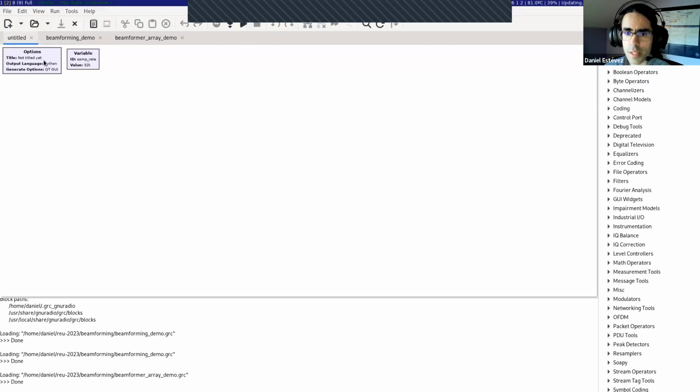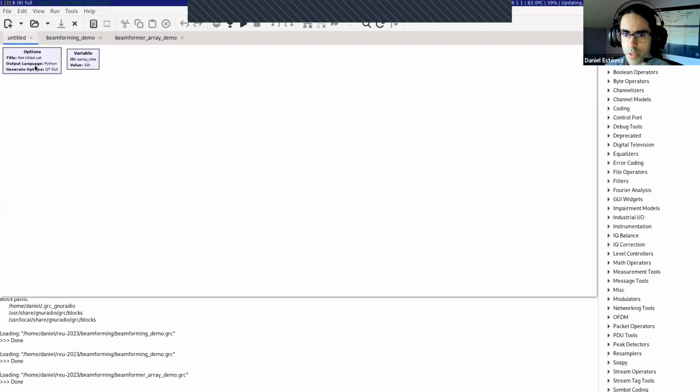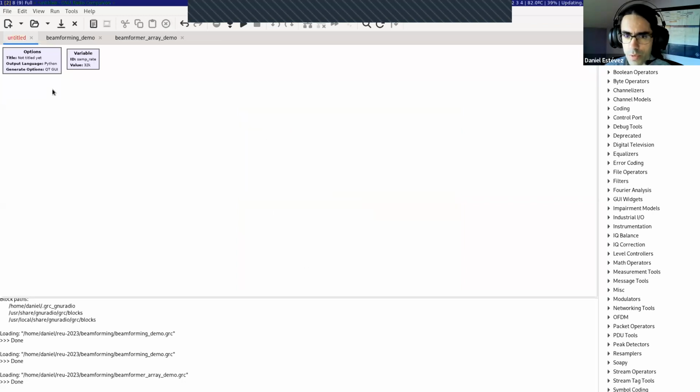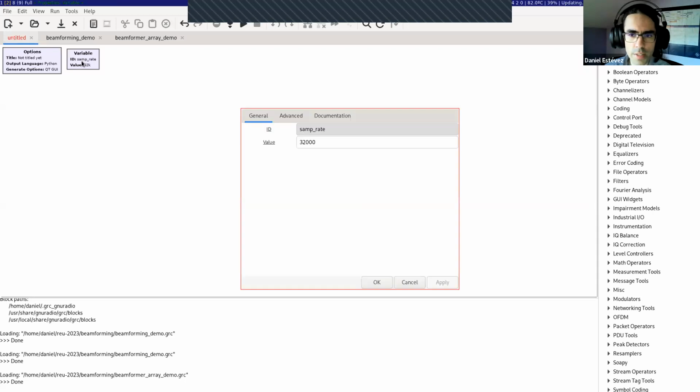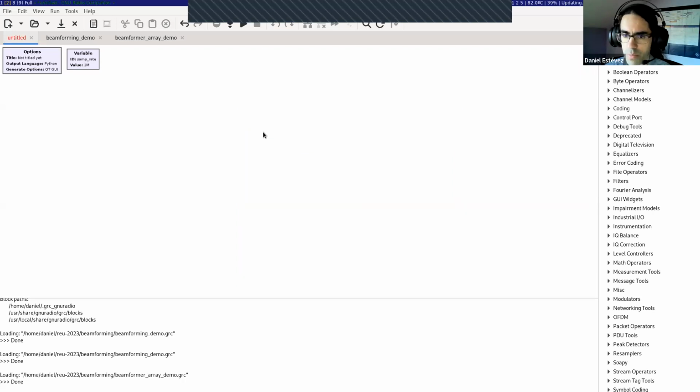So here I am in GNU Radio Companion. I'm going to be doing this one from scratch, but copying and pasting a few sections from the beamforming demo finished flow graph to save some time. So let me just name it beamforming demo 2. The sample rate, I need 1 million samples per second.